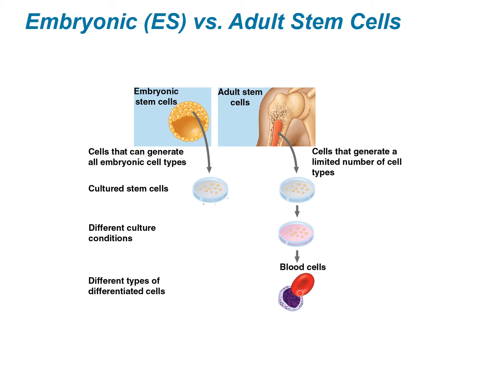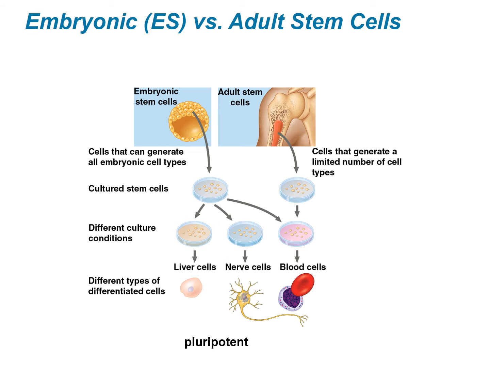And here we see red blood cells and white blood cells. But embryonic stem cells, if you pull stem cells from embryonic tissue and then culture them, could potentially become blood cells or nerve cells or liver cells. This makes them pluripotent. Okay, so pluripotent means that they can differentiate into different cell types.